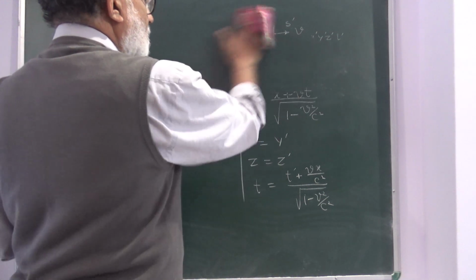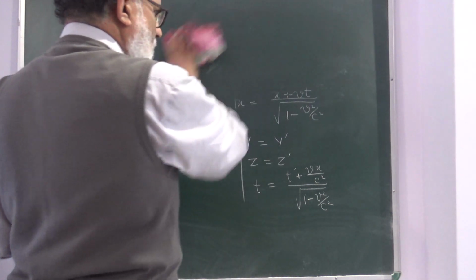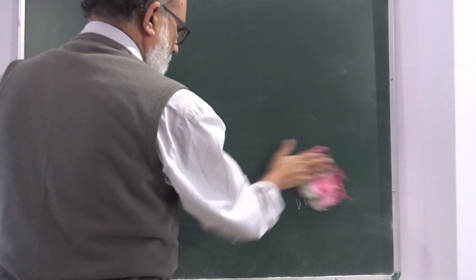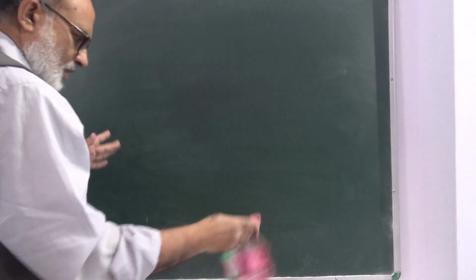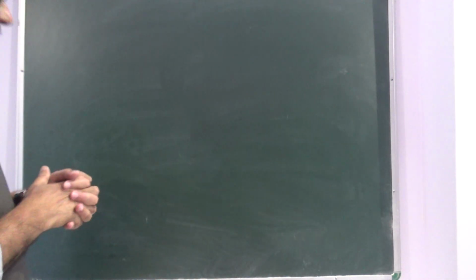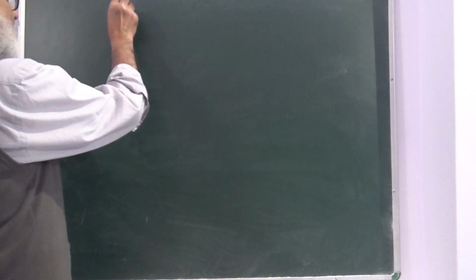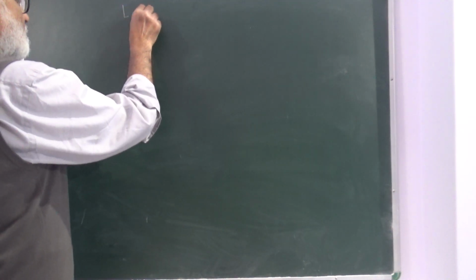So now we will look at the consequences of the Lorentz transformation. One of the consequences is called length contraction.